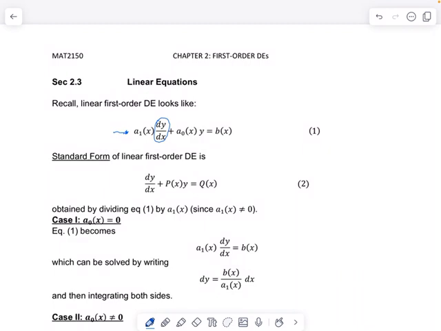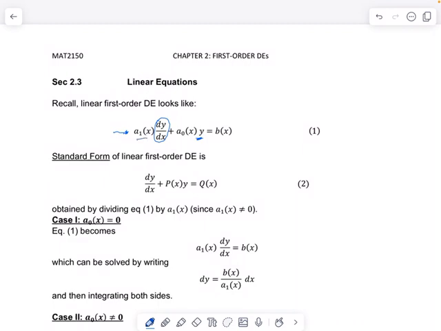Why is it linear? It is linear because the power on this derivative is 1 and the power on the y is 1. Anytime a y or a derivative of y is used, the power should be 1, then it will be a linear equation. The order depends on the highest derivative being used. So this is a general linear equation in first order.